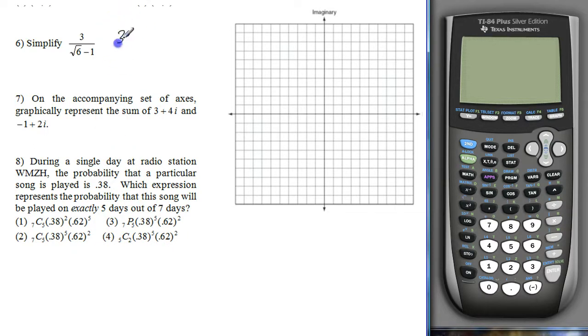Number 6, (3 times radical 6 plus 1) over 5. Number 7, you're going to graph 2 plus 6i. Number 8, your choice 2.